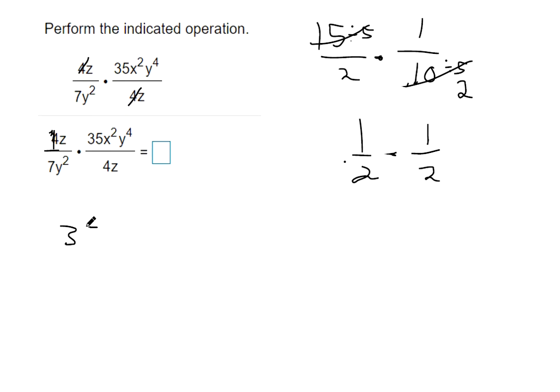So that gives us 35x squared y to the fourth z, and then multiply straight across the bottom too. Except I forgot we got a 1 here for 4. So 7y squared times z, 7 times 1 makes 7, and y squared z on the bottom.